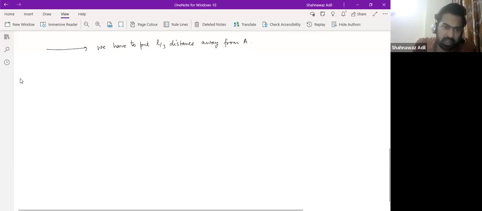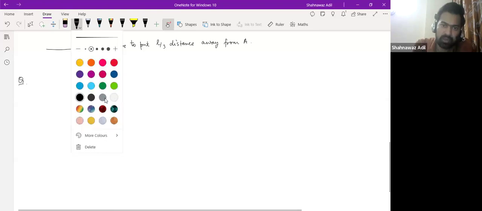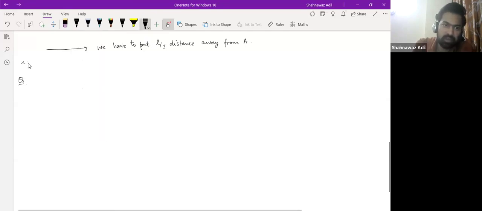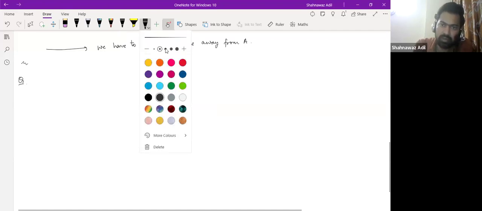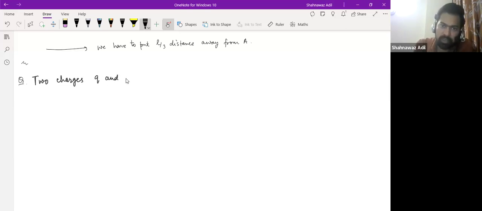The question is, again, the same kind of question, but the only difference is that two charges, Q and plus 4Q, are kept at a distance of L with each other.